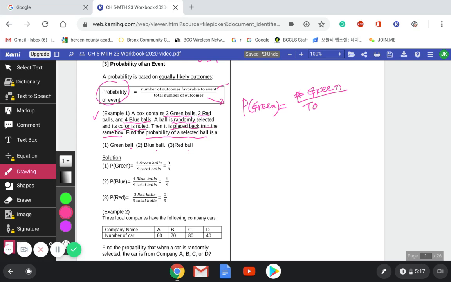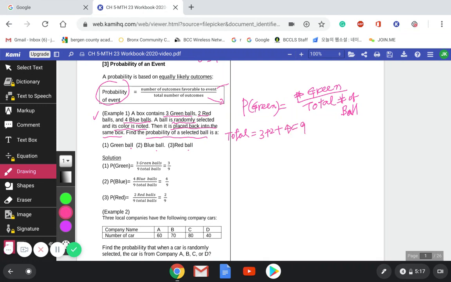That's the probability that when you pick one random ball, it happens to be green, because out of the total number of balls, the number of green is the favorable possibility. So first, you always have to find the total. The total number of balls is 3 green, 2 red, and 4 blue, so altogether 9 balls.